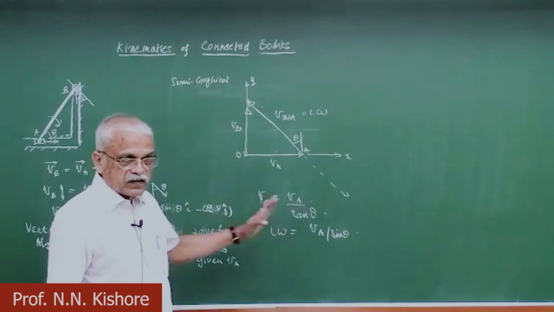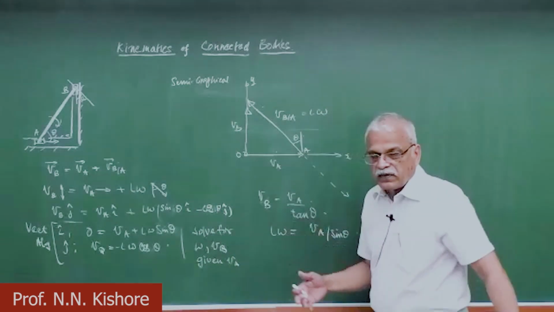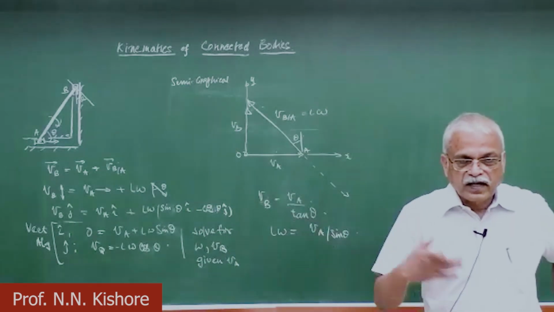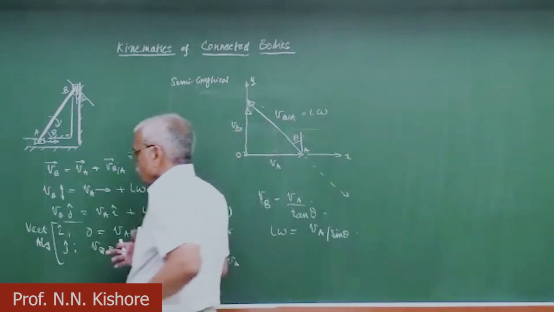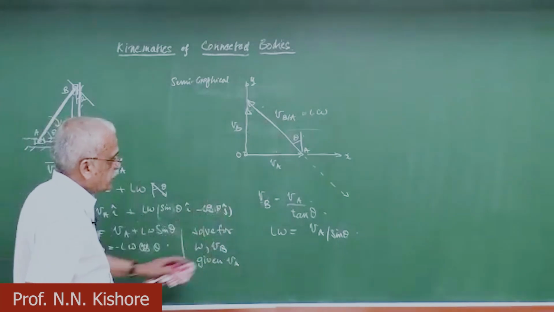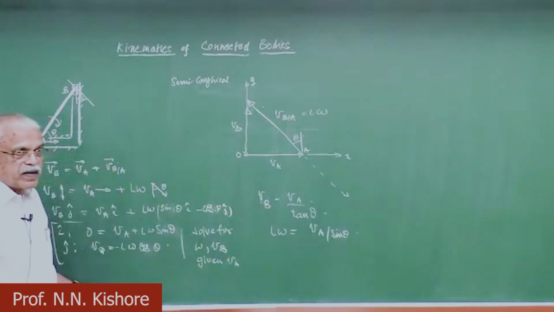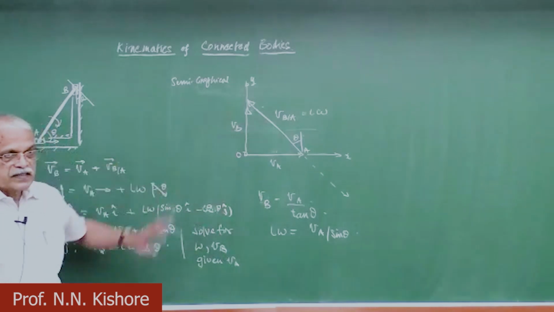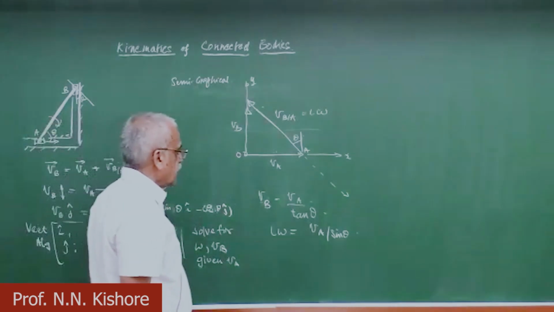I'm emphasizing that in some way we have done it last time itself, but I'm doing it as a recapitulation so that the things will be really implanted in you thoroughly. So all we have done here is done in just 2 steps by just examining the velocity diagram.